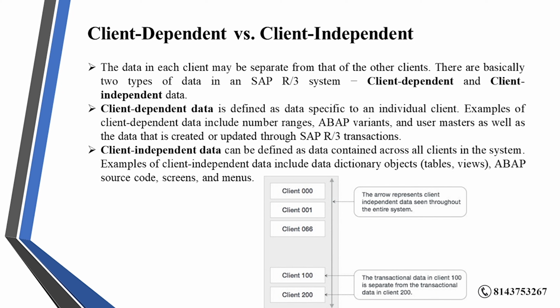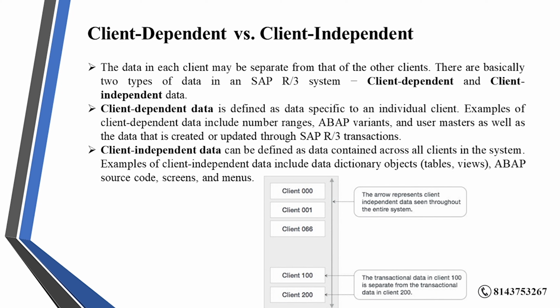Initially we said that the client will play a key role in client dependent and client independent. Client dependent means whatever entries you have captured in client 000 or 100 or 120 will be different from other clients. That type of data is called client dependent data. That means data stored in one client will not be shared with another client.